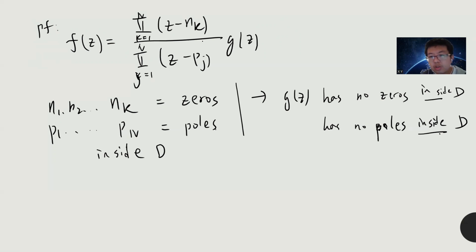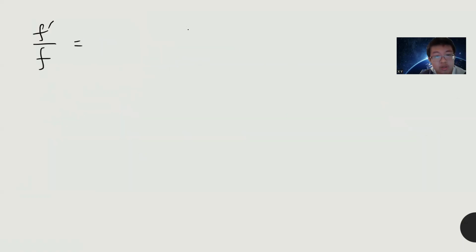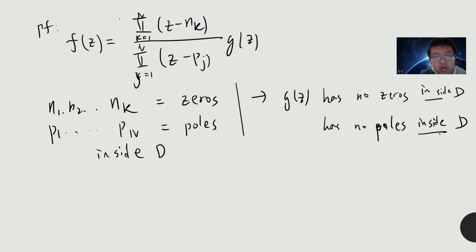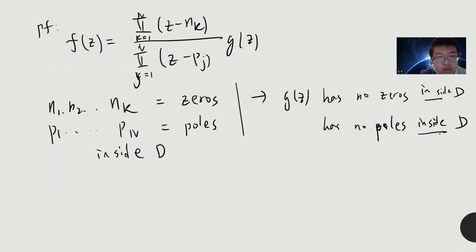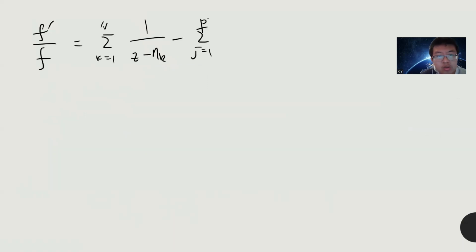You can prove by yourself that if you take the derivative of this and divide by f, you will get the following: the sum over k from 1 to N of 1 over z minus n_k, minus the sum over j from 1 to, sorry, I should use a capital P, j from 1 to P of 1 over z minus p_j, plus g prime of z over g of z.